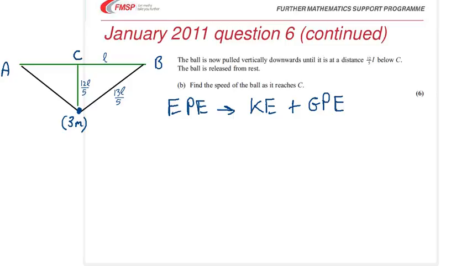So the extension at this point at the start, just check this, is 8L over 5. So the elastic potential energy at the start, remember there are 2 strings, so it's twice lambda x squared over 2L. Let's just put that here to remind you: that's the energy stored in an elastic string if it's stretched to an extension x.